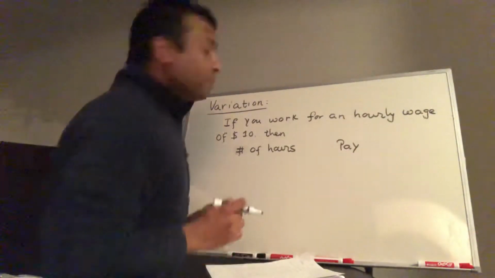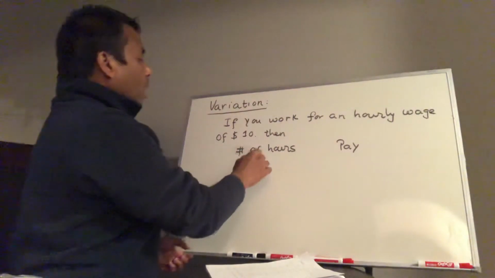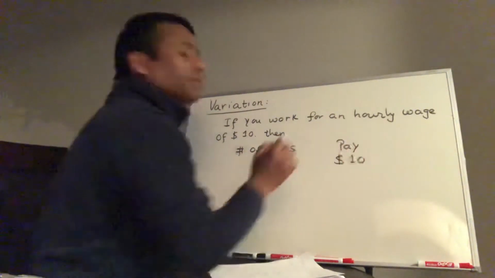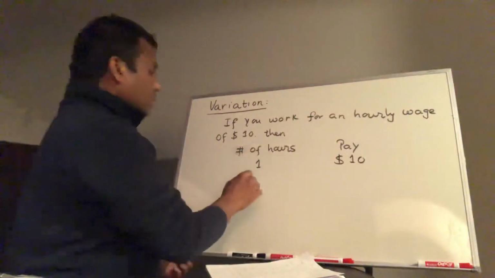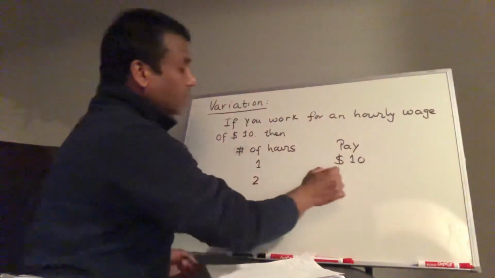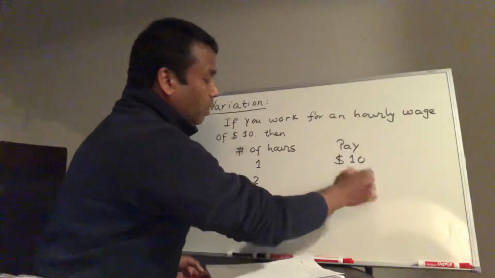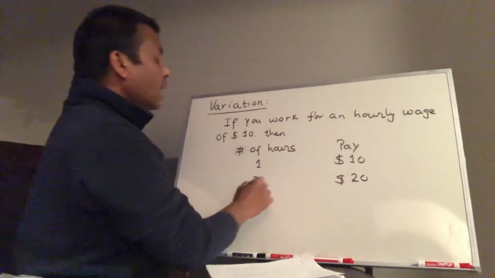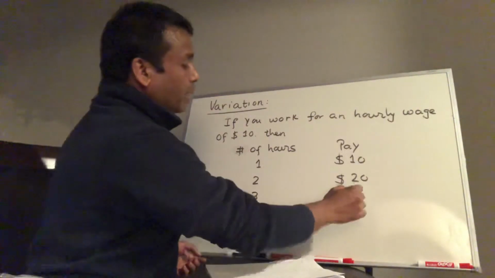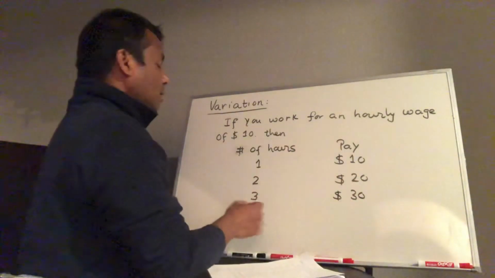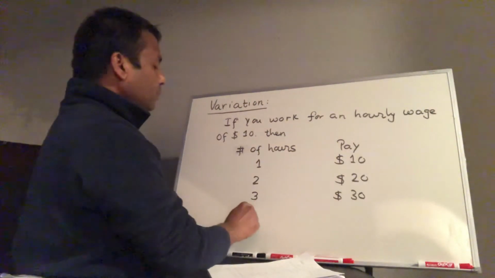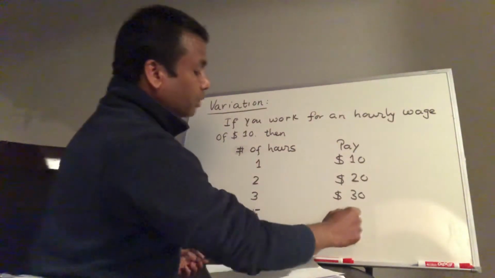Then obviously if you work 1 hour, then you'll make $10, right? So if you work for 2 hours, you'll make $20. And if you work for 3 hours, you'll make $30. And if you work for, let's say, 5 hours, then you'll make $50, right?